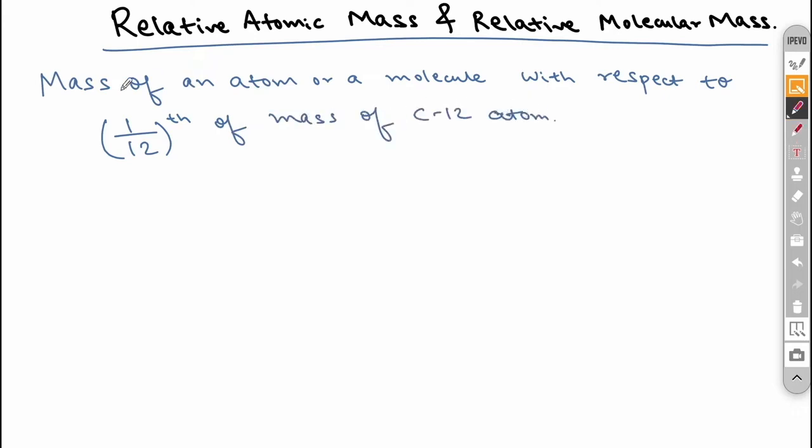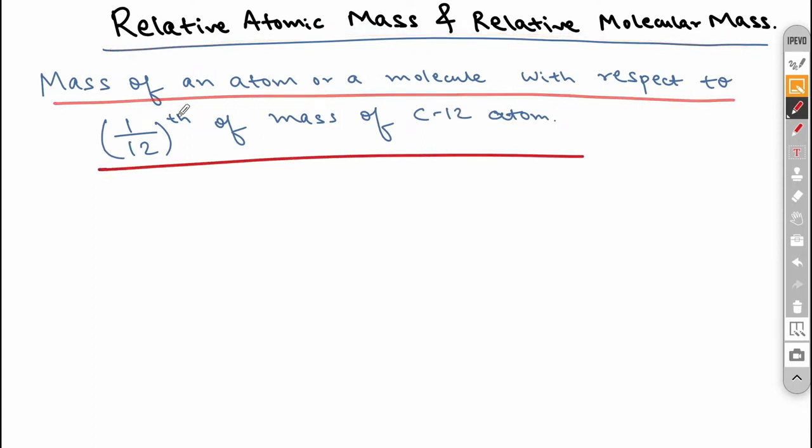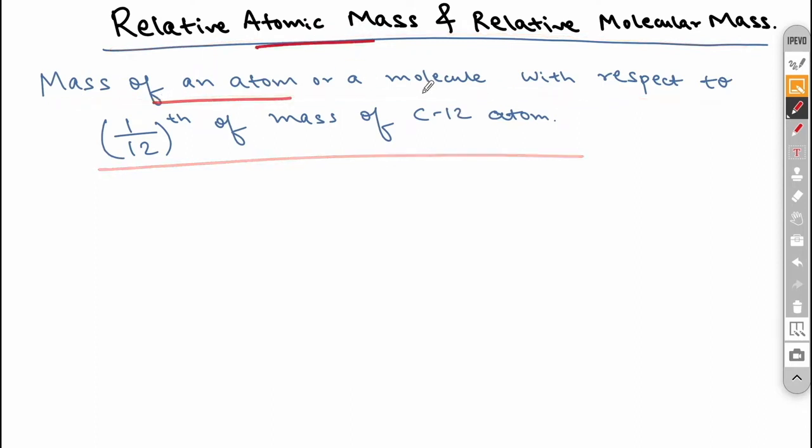So this is the simple definition of relative atomic mass and relative molecular mass: the mass of an atom or a molecule with respect to 1/12 of the mass of a C12 atom.